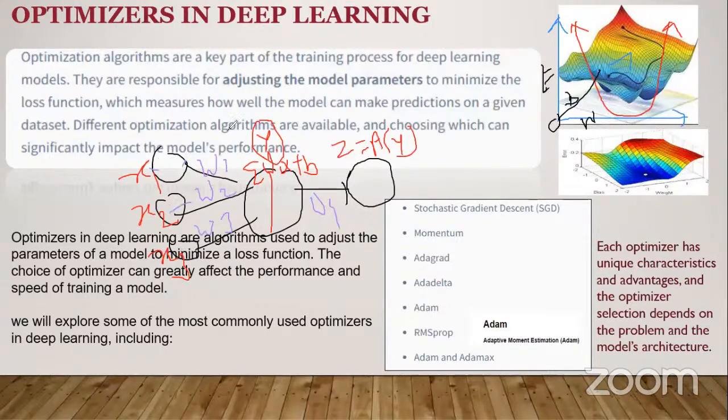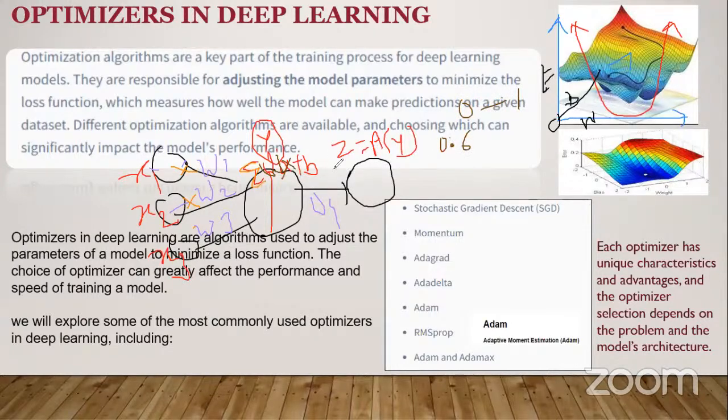We are multiplying them, and I'm trying to sum these things. This is how the sum is happening, weights into inputs, plus the biases. And on the basis of this activation function, based on the threshold, because activation function gives you a value between 0 to 1, let's say it gives you 0.6, then it will be passed to the next layer.